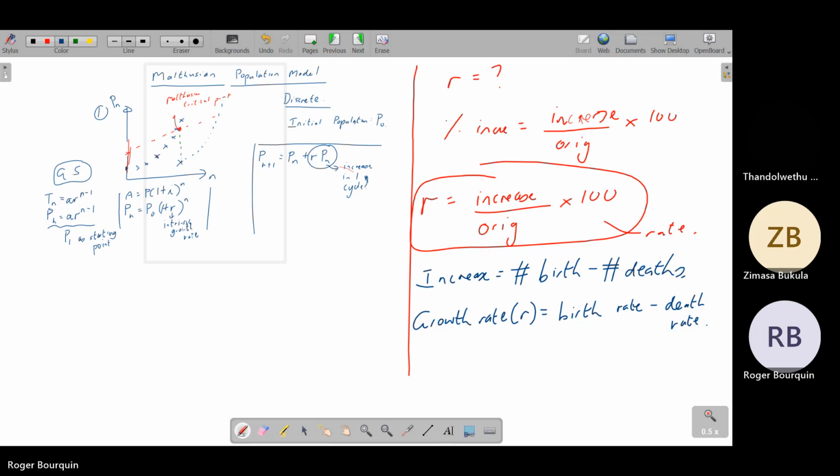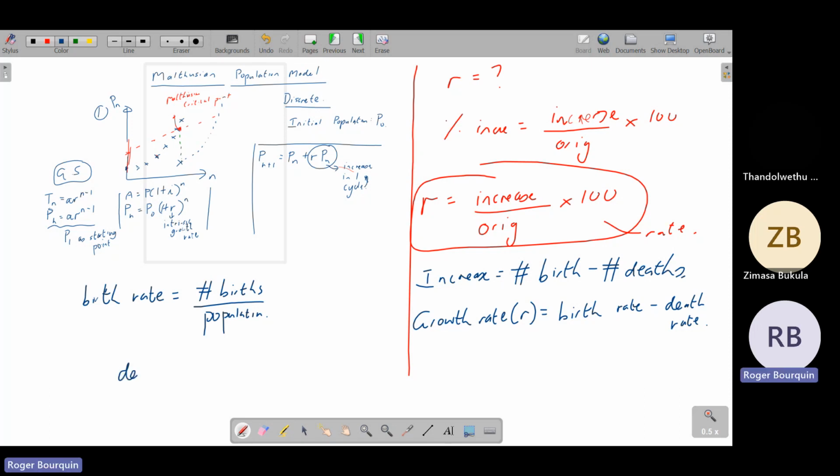Where birth rate is equal to the number of births in the time frame over the original population. Not a rate in terms of time, it's the rate in terms of what the original population was.